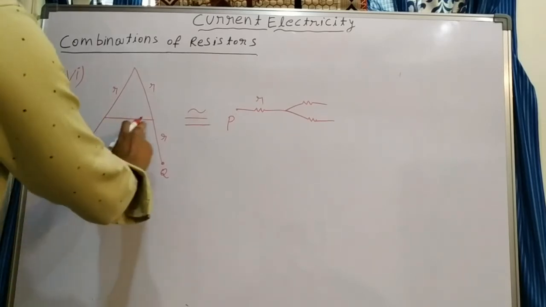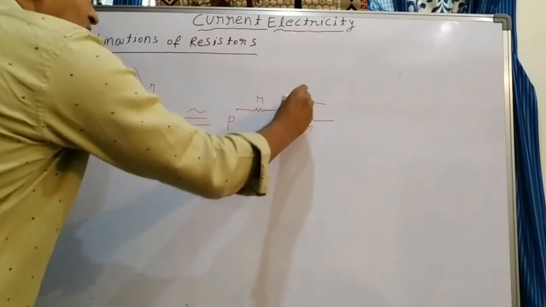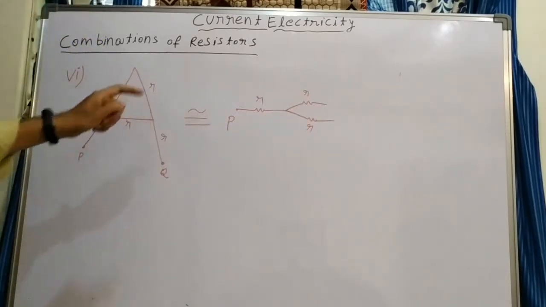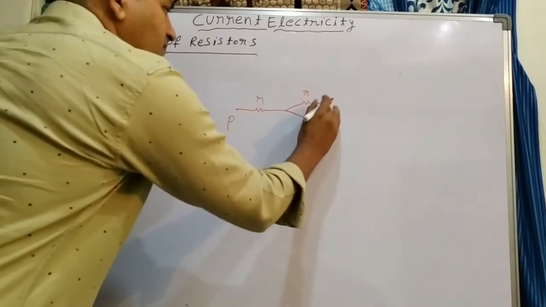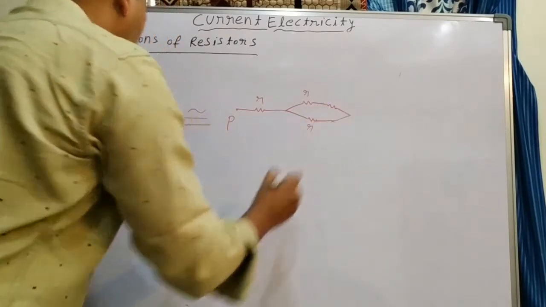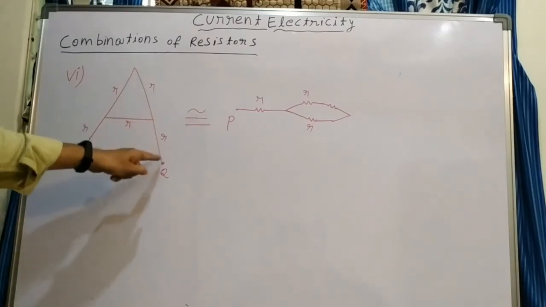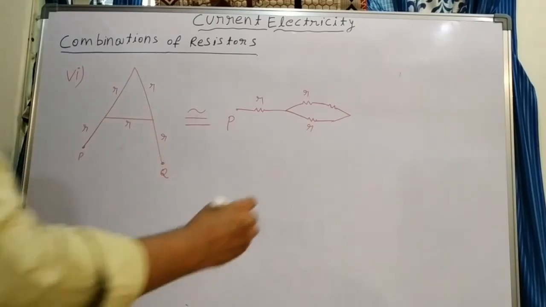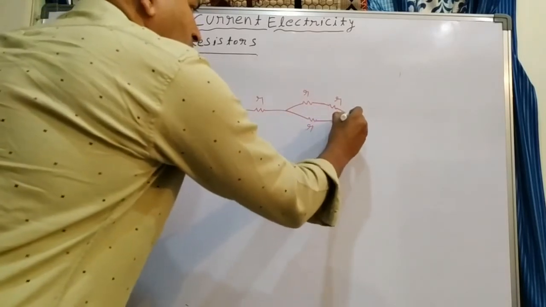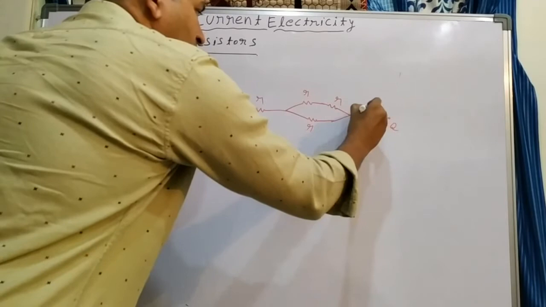So this resistance is R and this resistance also R. That resistance is connected with one more resistance here. Both are joined here. These two combined connect with another resistance R and connected to Q.